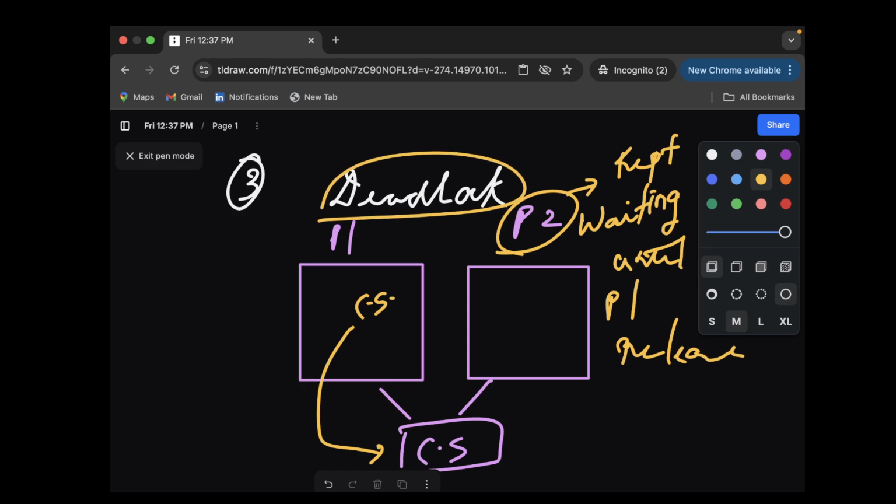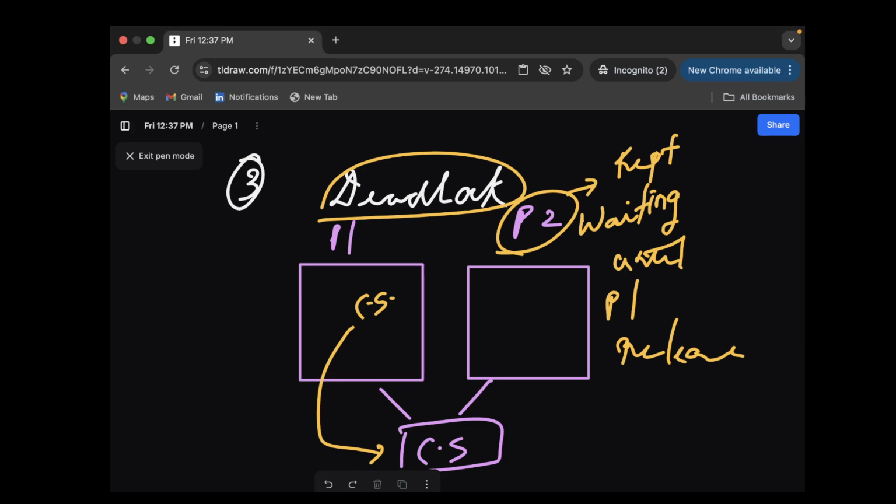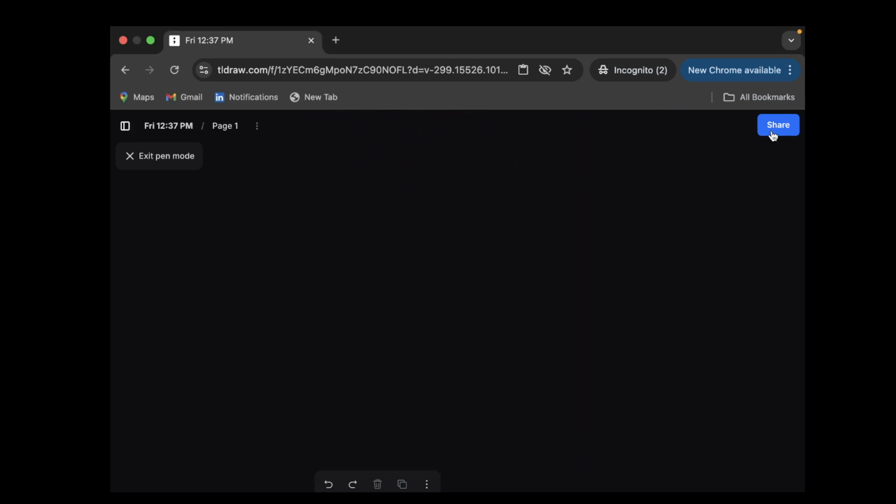So all of these three things are overcome in my Peterson solution, right? That basically takes care of all of these three things, that is mutual exclusion, progress, and bounded waiting. Now how to achieve each one of them is what we need to understand.